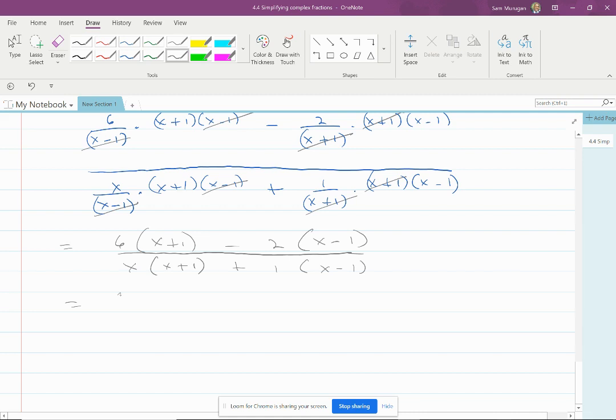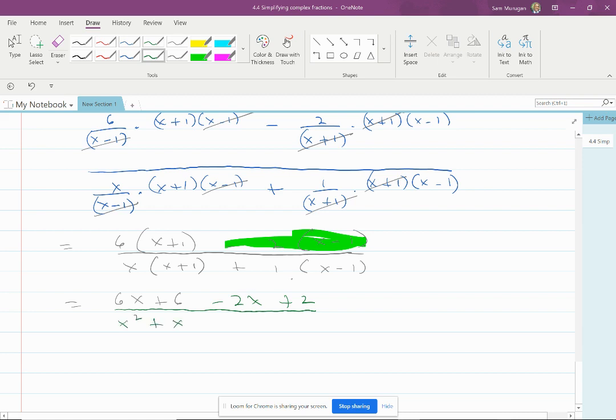Distributing on the numerator, we have 6x plus 6. Then we have negative 2 on the numerator again, right here. Be careful with this, because this is negative 2 times x is negative 2x, and then negative 2 times negative 1 is positive 2. On the denominator, x times x plus 1 gives x squared plus x.